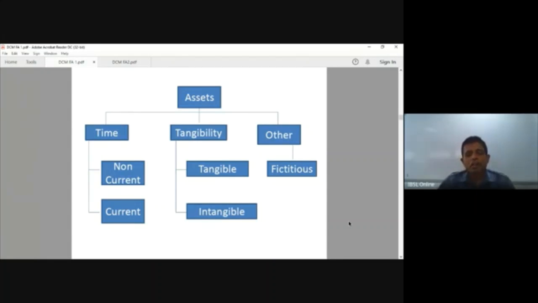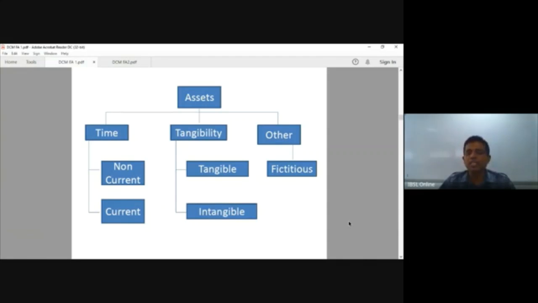And the other category, fictitious assets. Those are bogus assets. Actually, it is a very technical thing and I'm not going to discuss it. For the time being, you may think that even though we call it an asset, it is a bogus asset. Only for a shorter period of time do we consider it an asset.